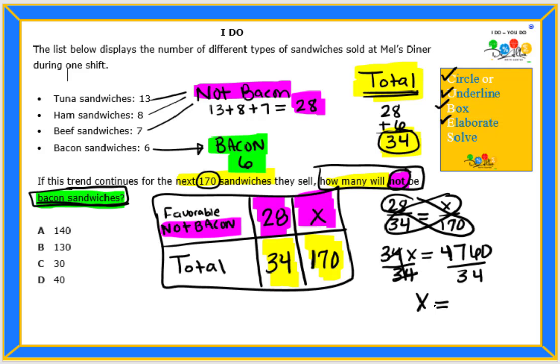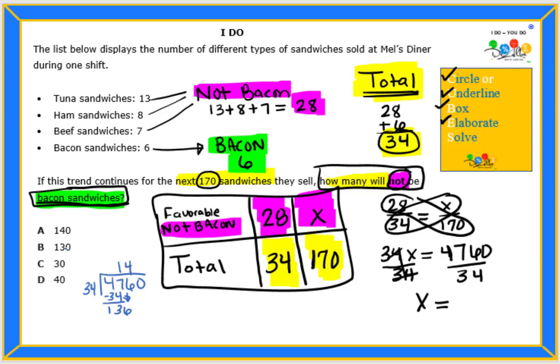I have a little bit of space right here, so I'm going to solve it right here. 34 goes into 47 once. We're going to have 13 left over, so we bring down our 6. And 34 goes into 136 4 times. Now remember, I'm using my answers to help me. So I already know that it starts with 1.